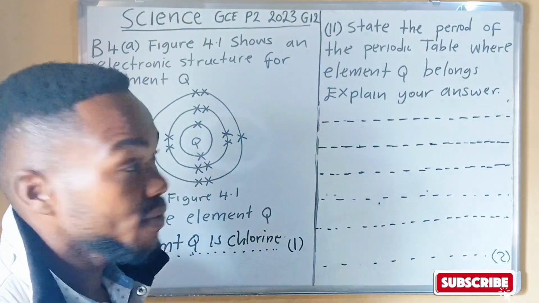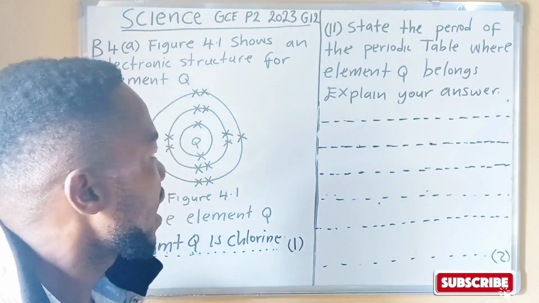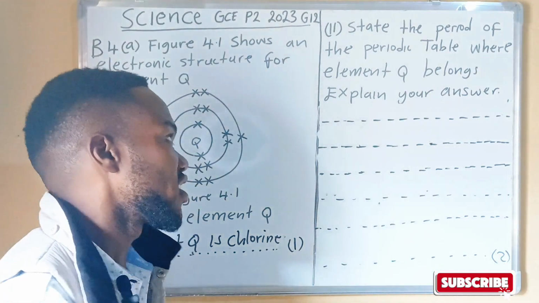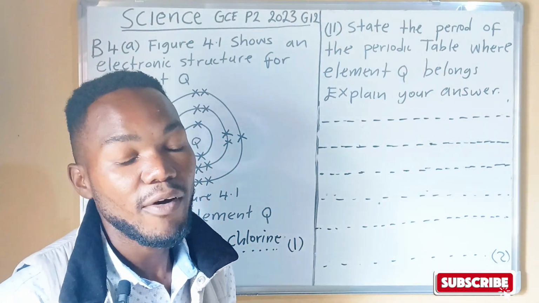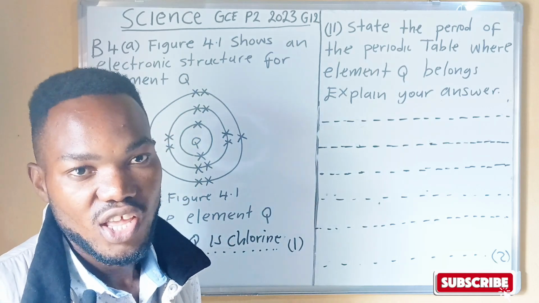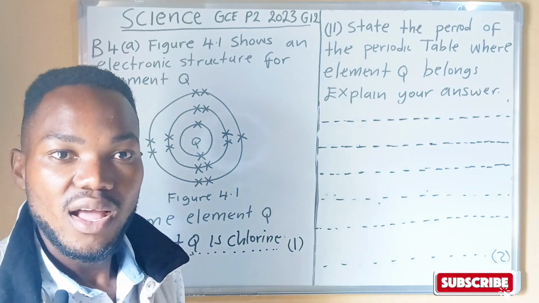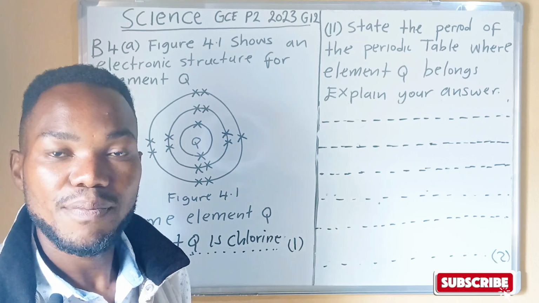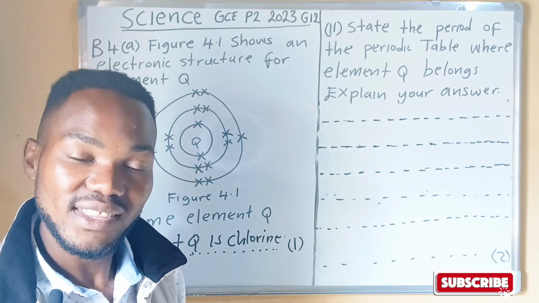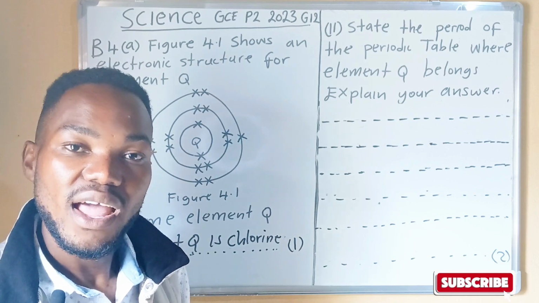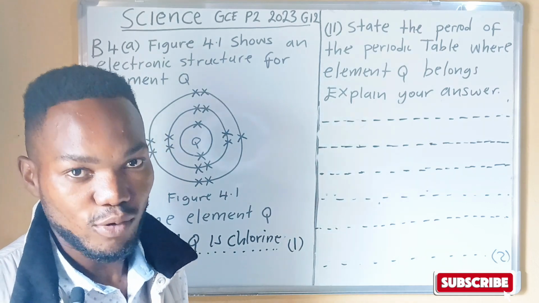The second question says: state the period of the periodic table where element Q belongs. Explain your answer. For you to know the period where that element belongs, you have to understand that the number of shells is the number of periods.